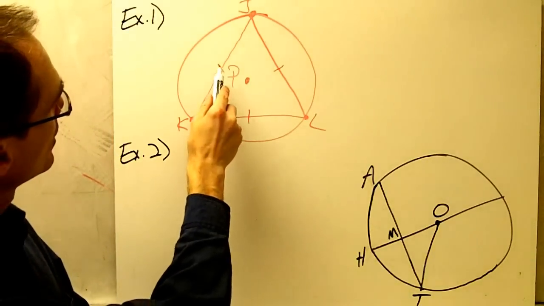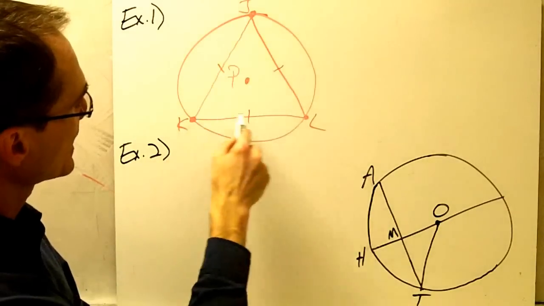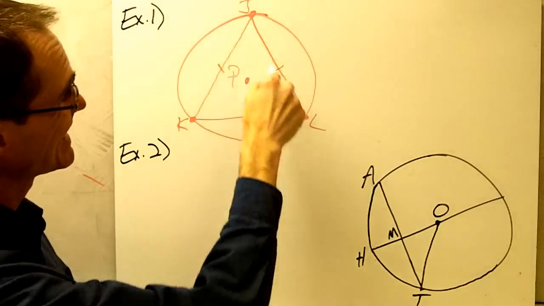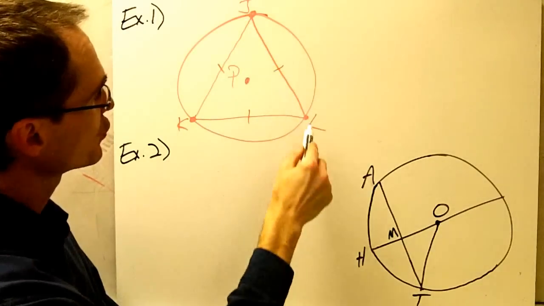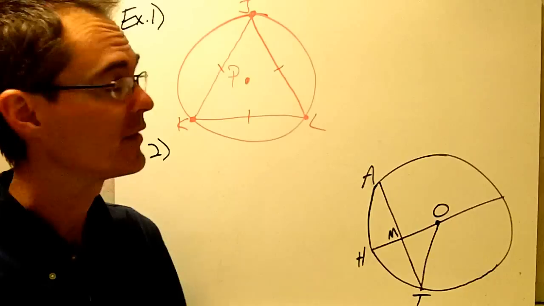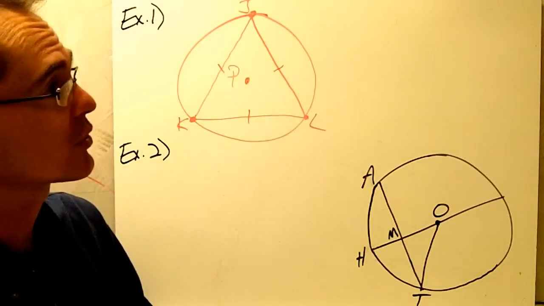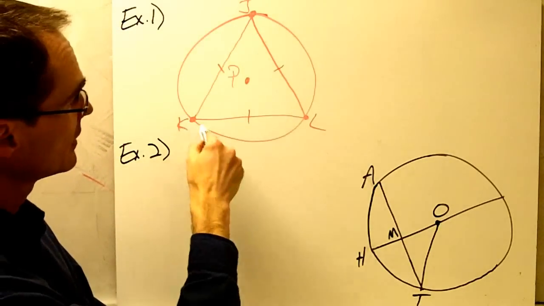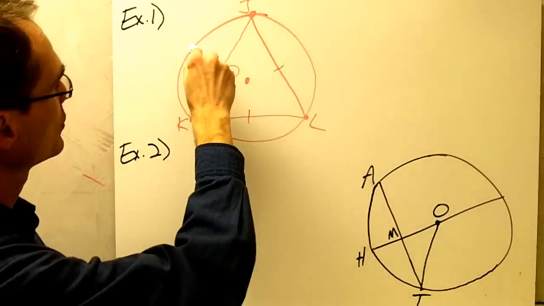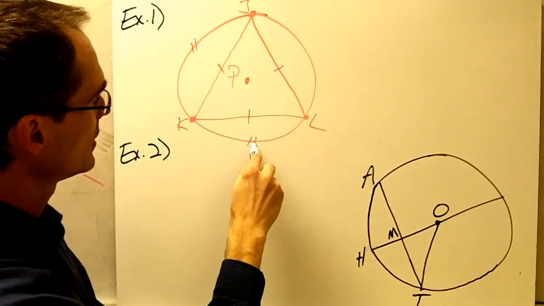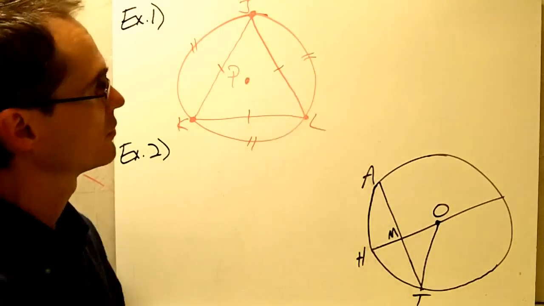Okay, so I know that all of these sides of the triangle are congruent, and since the triangle is inscribed, notice that each side of the triangle is also a chord of the circle. And according to circle conjecture number one, if chords in a circle are congruent, then their arcs are also congruent, which means that this arc is congruent to this arc, is congruent to this arc.